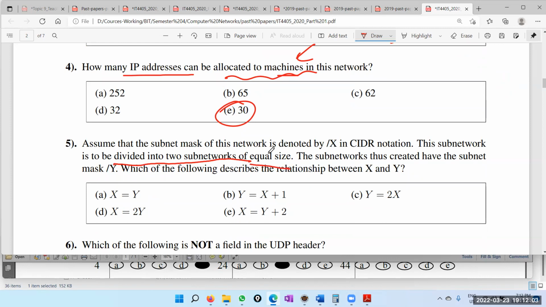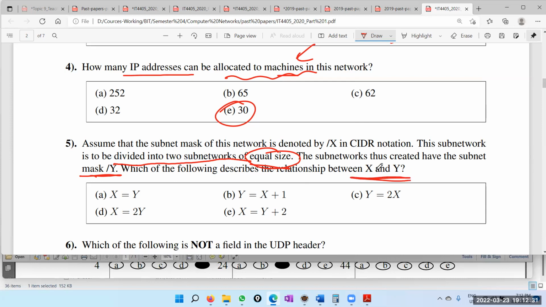Now, those are very important words: equal size. That means we are just going to break it into 2 subnetworks of equal size. The subnetworks thus created have the subnet mask /y, in CIDR notation. Which of the following describes the relationship between X and Y?